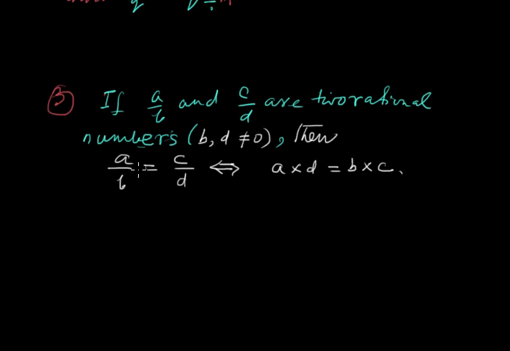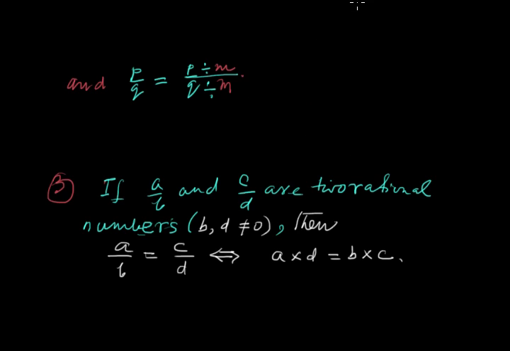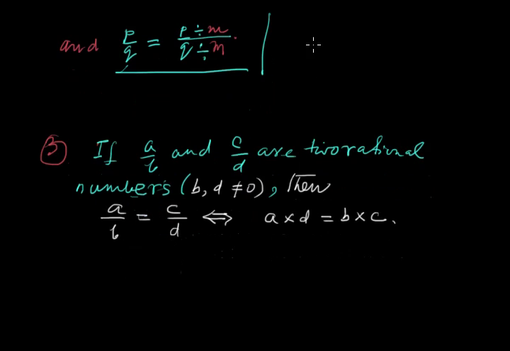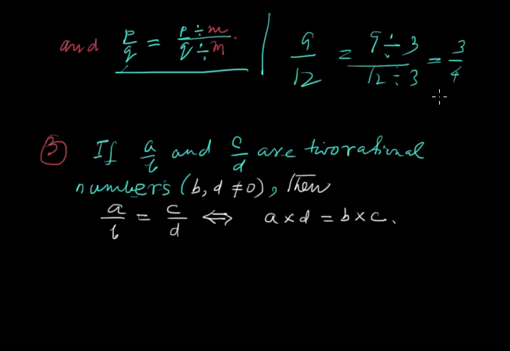Now, here it is written that p by q can also be divided by m. Suppose 9 by 12: what is the common factor? 3. So 9 divided by 3 and 12 divided by 3, you will get 3 by 4.